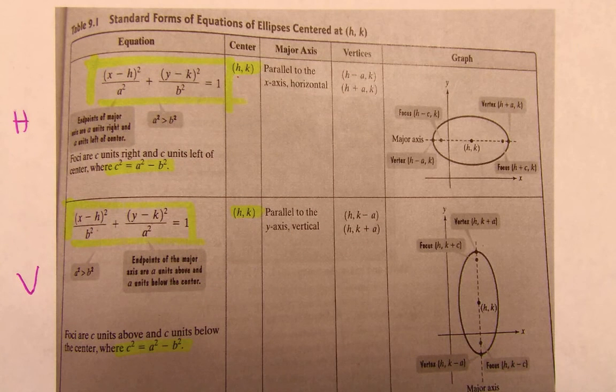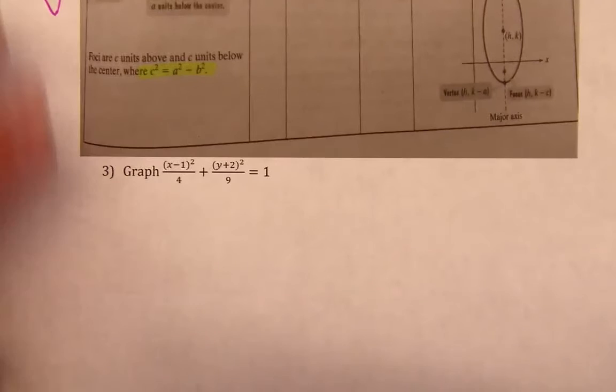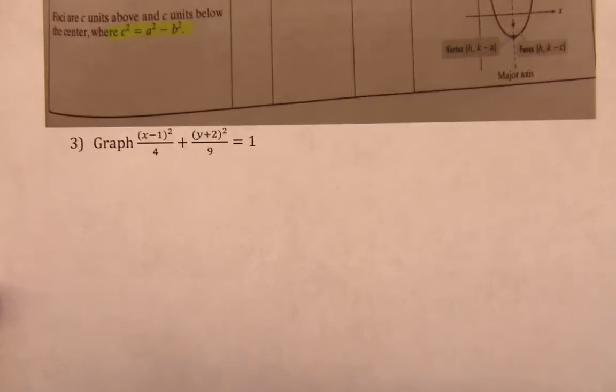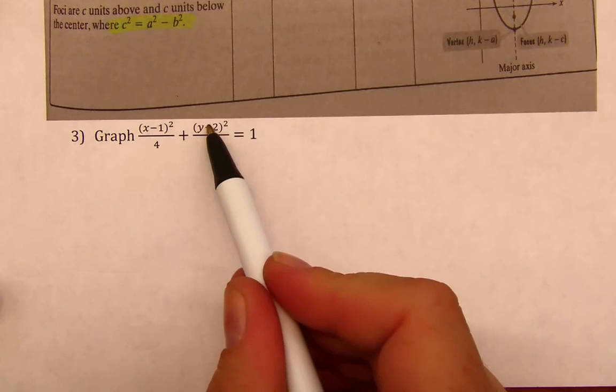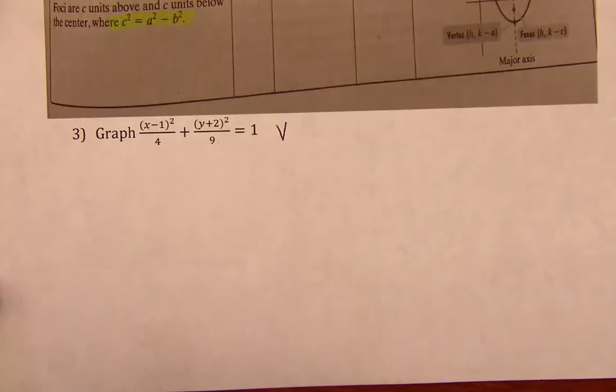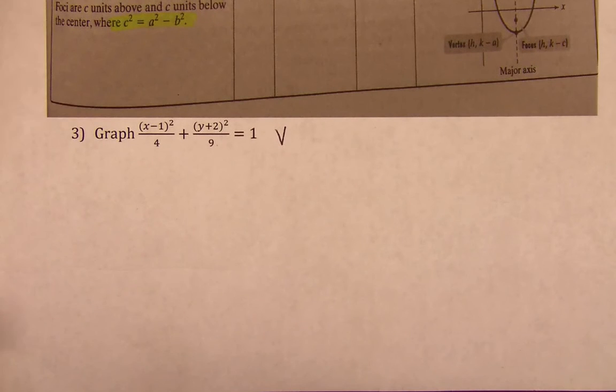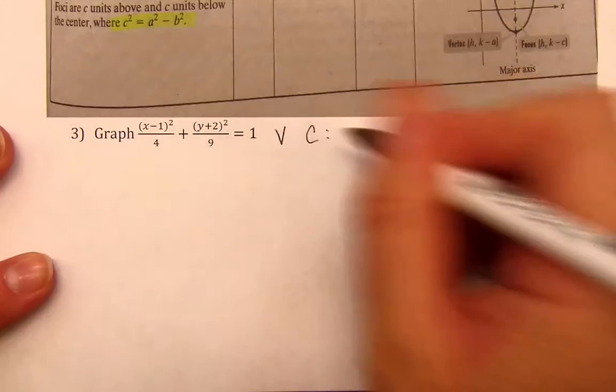Okay, so let's go ahead and take a look at one more example here. I'll zoom in a tiny bit. The first thing we want to do is determine is this horizontal or vertical. The larger number is under y, so that means this is a vertical ellipse. And we want to go ahead and write what our center is.